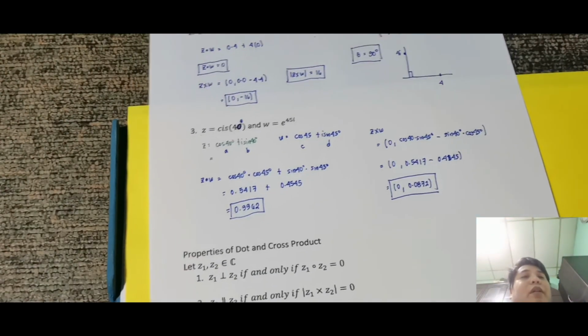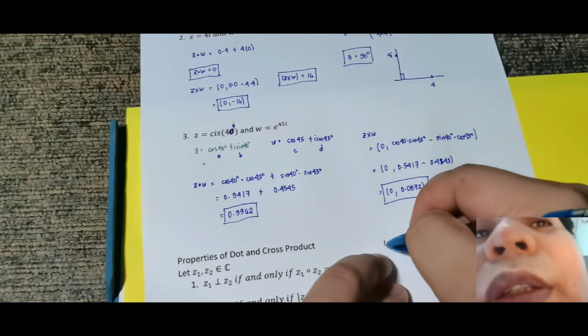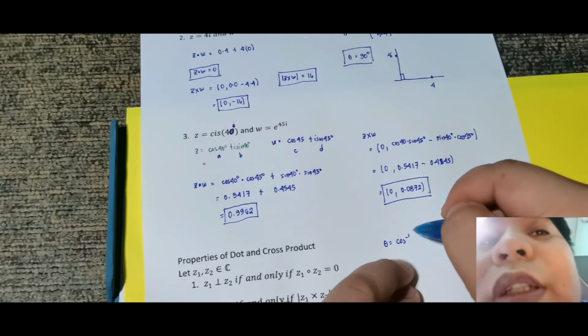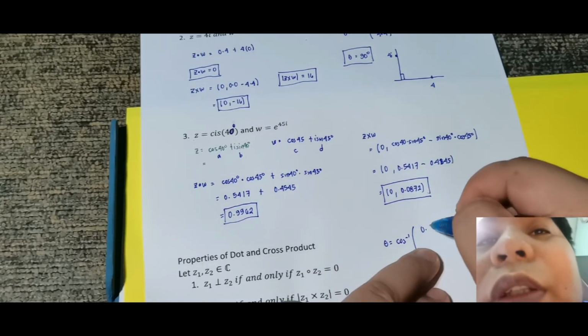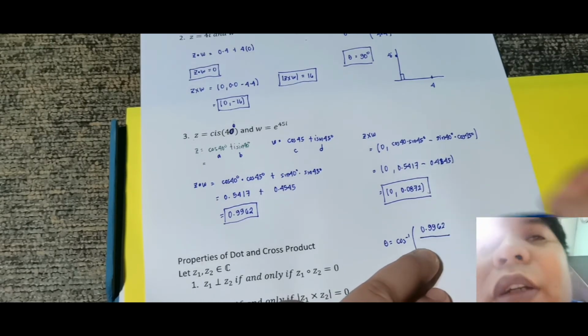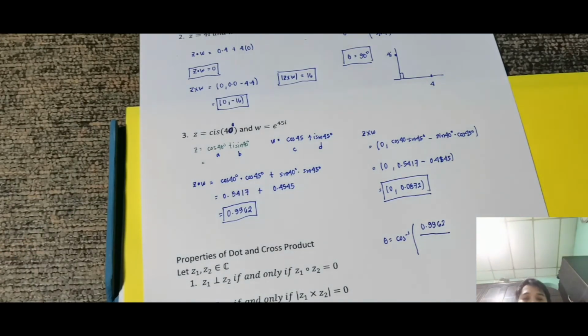Okay? So, next is siyempre hanapin natin yung angle niyan. So, ano yung angle dyan? So, angle niyan is equal to arc cosine of 0.9962, all over modulus nito. Ano ba modulus nun? Ano ba modulus ng cosine 40 degrees plus i sine 40 degrees?